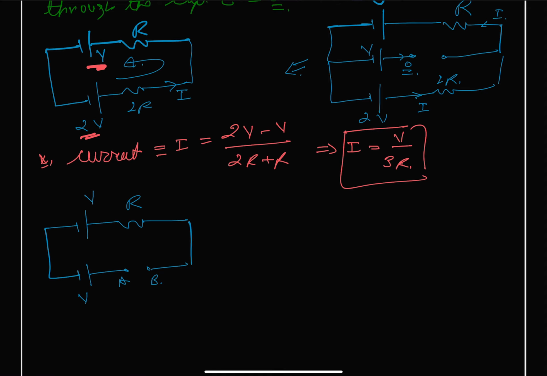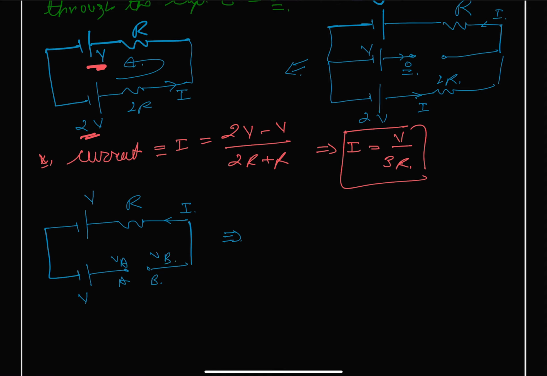The current through the circuit we already know is I, flowing in this direction, and the value is V by 3R. Let us put the voltage here as VA and here as VB.